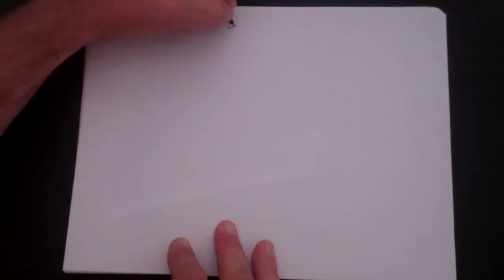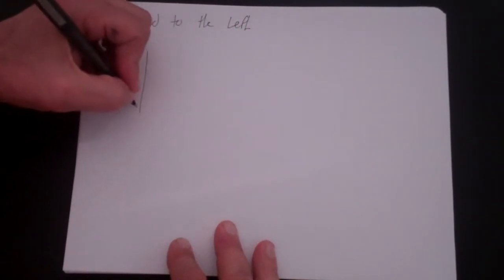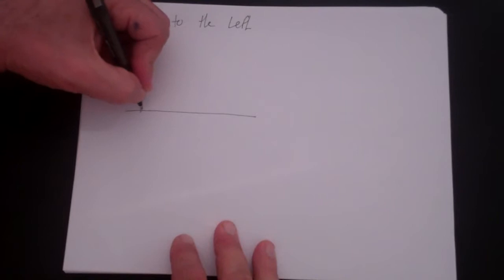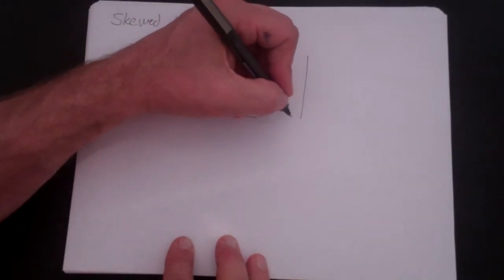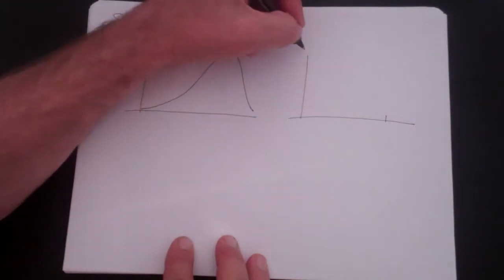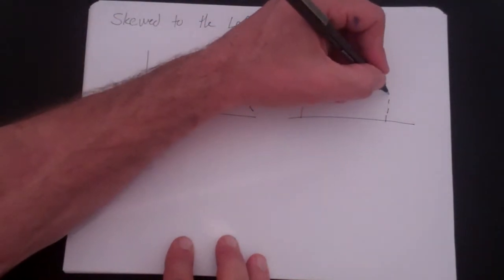And let's do skewed to the left. Skewed to the left could look like this. It could have a fixed value where it doesn't get beyond, right? That's possible.